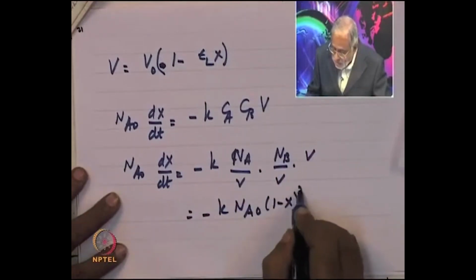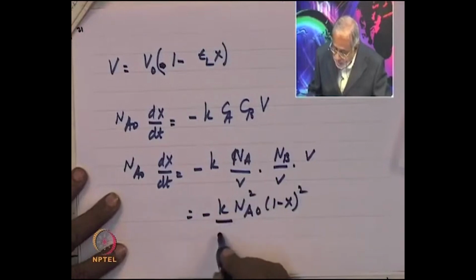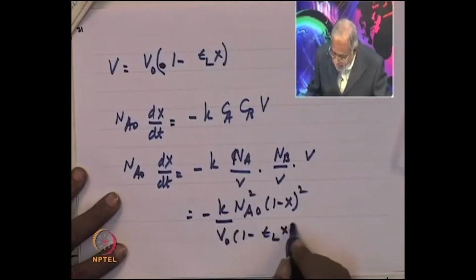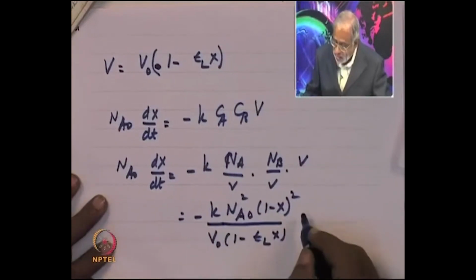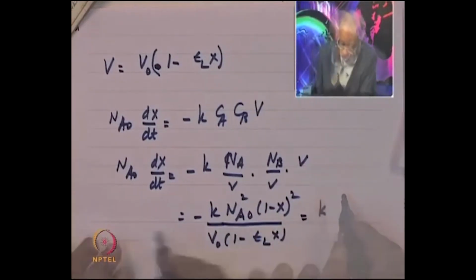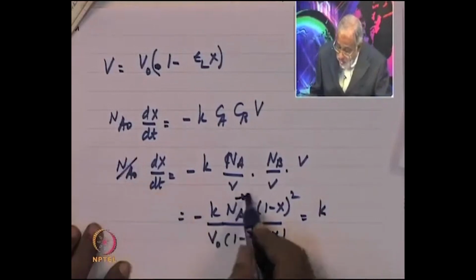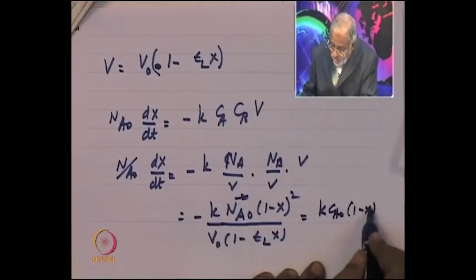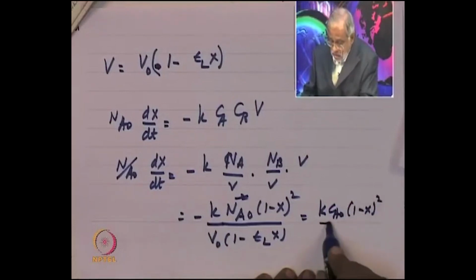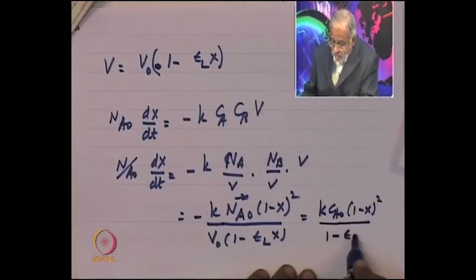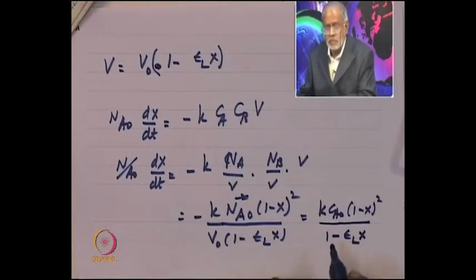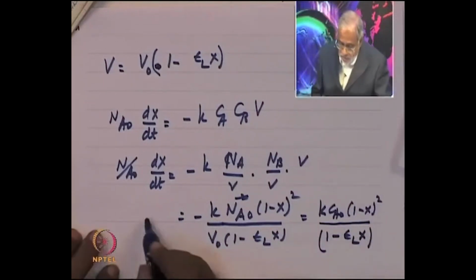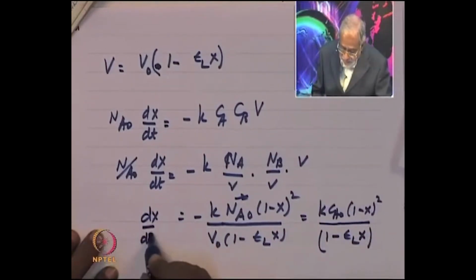They are both equal, therefore, I will put like this. It is V, which is V 0 times 1 minus epsilon L x. Okay. So, N A 0 gets cancelled off. So, it is k C A 0 1 minus x whole squared divided by 1 minus epsilon L x equal to dx by dt.